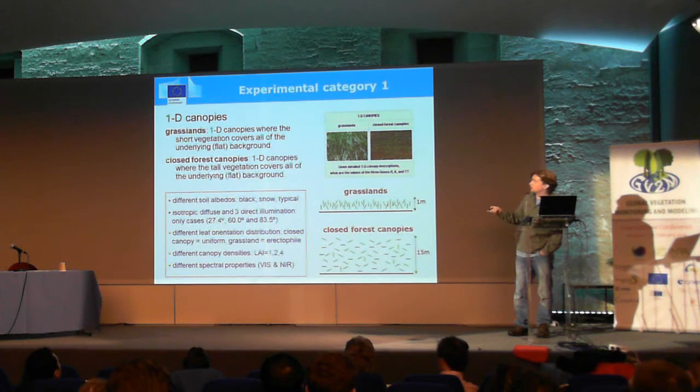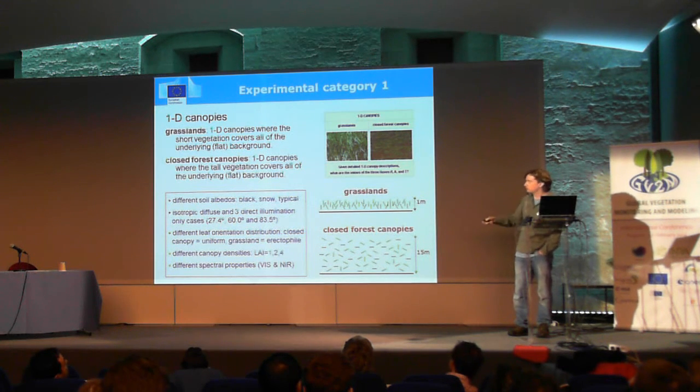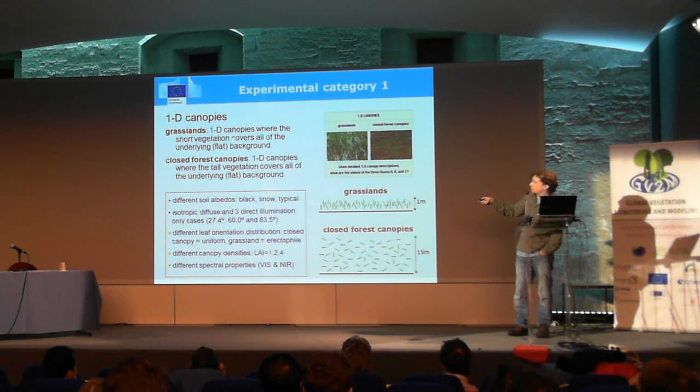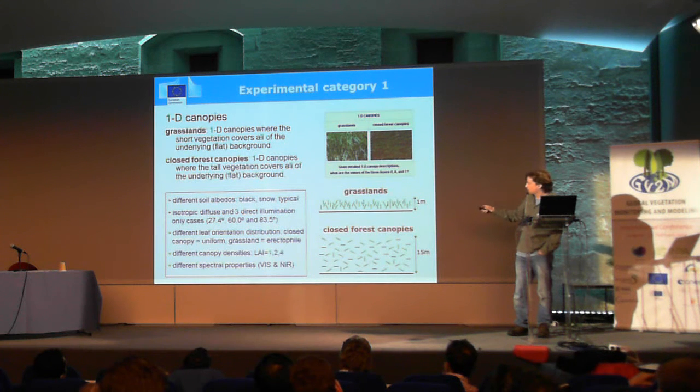So, two main types of experiment. The first is 1D canopies, where we're assuming a plane parallel turbid medium canopy. Grasslands, which are short vegetation covering the flat background, and closed forest canopies, which are basically the same but tall, and we have different leaf orientation functions describing those two different scenarios.